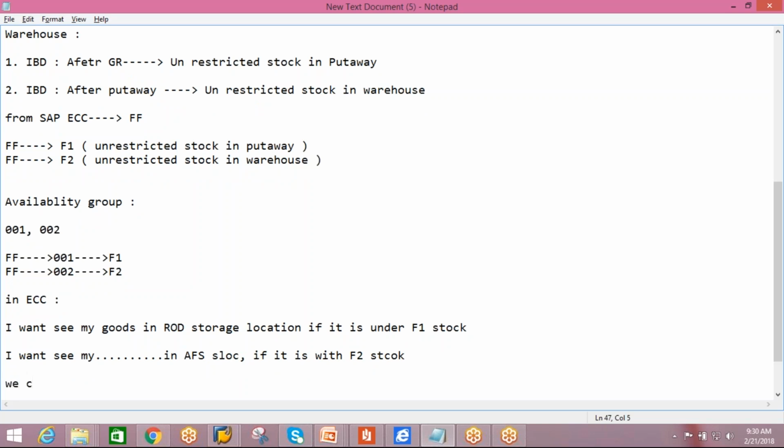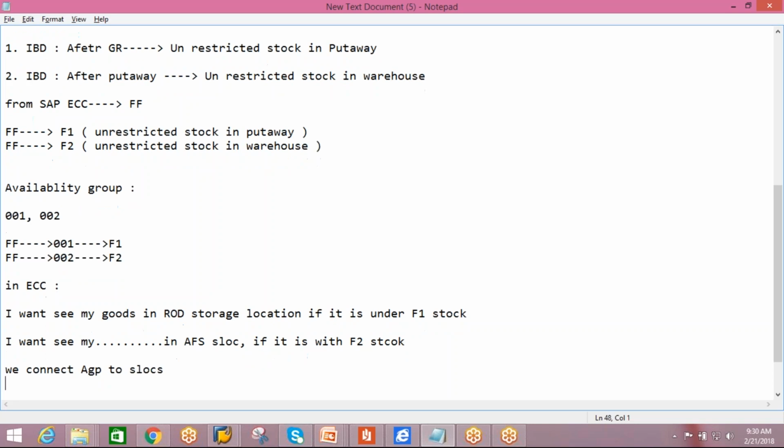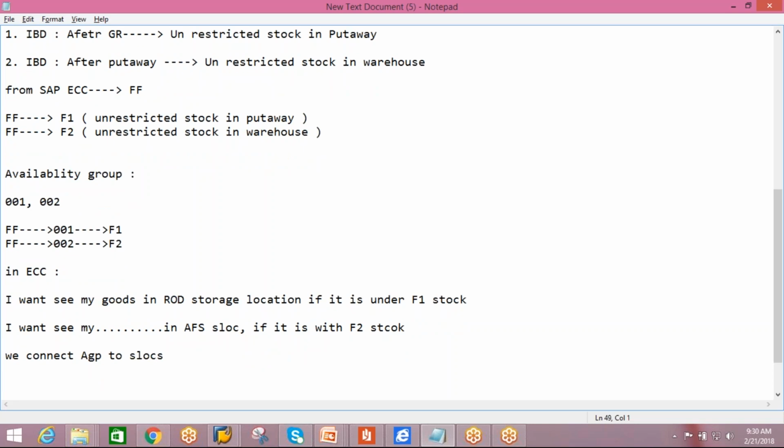Simple. We connect availability groups to storage locations. Here, one availability group is dividing FF into F1 and F2. That availability group we map to our storage locations.